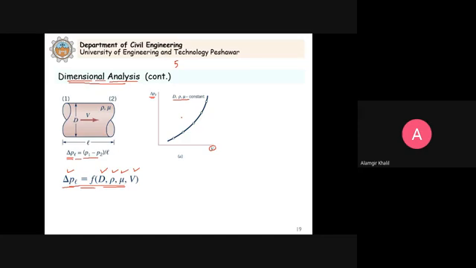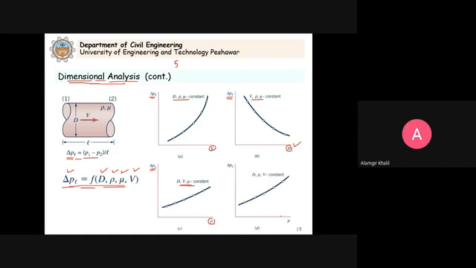Then in the next stage, you keep these variables constant and consider the effect of change in diameter on this delta P. Then in the third stage, you keep these parameters constant and check the effect of the density on the change in pressure. And you consider the effect of viscosity on the change in pressure by keeping these constant.